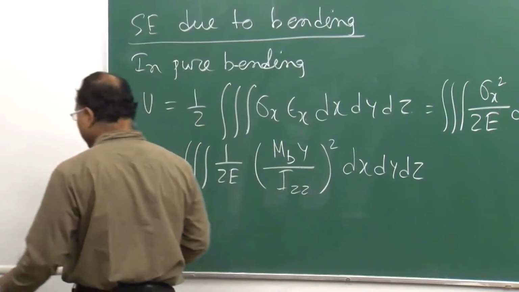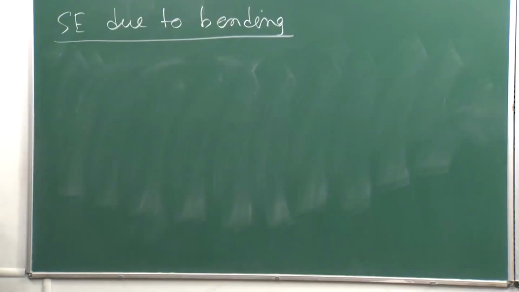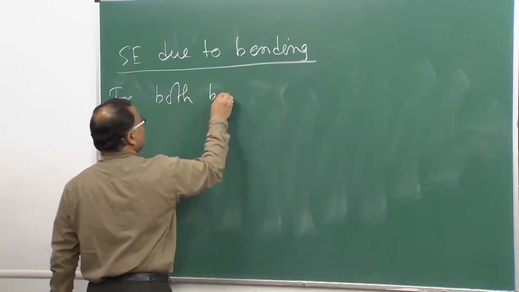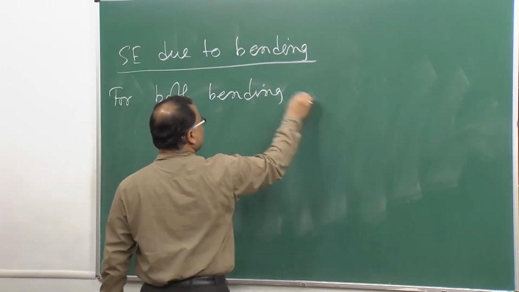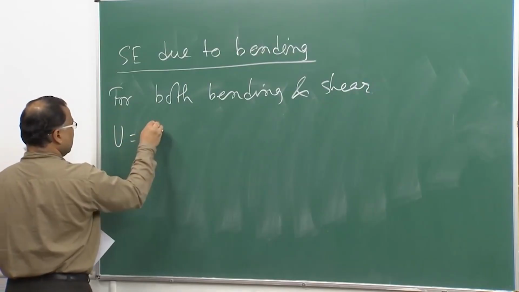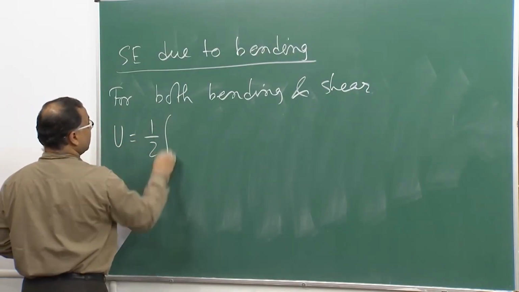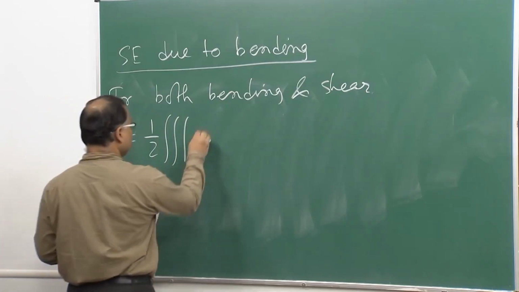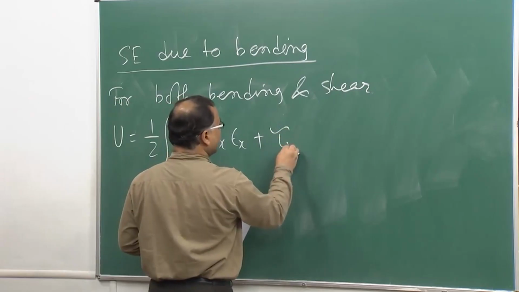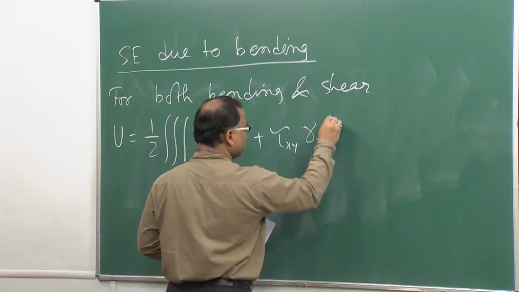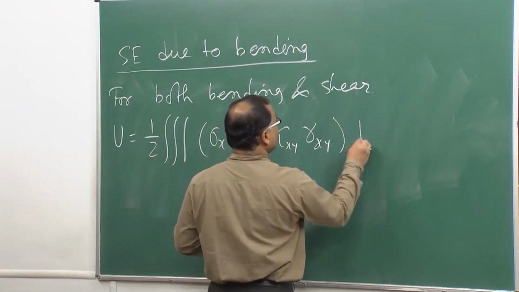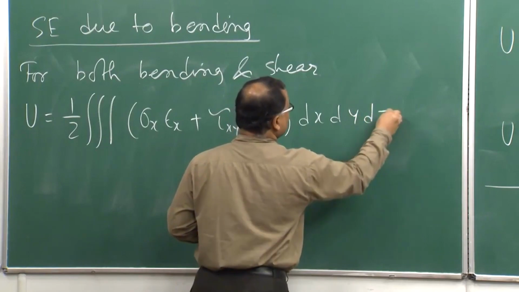Now, if you want to find out the strain energy for both bending and shear, the strain energy will be U equals half triple integration of sigma x epsilon x plus tau xy gamma xy, then the shear stress and shear strain will also exist, into dx dy dz.